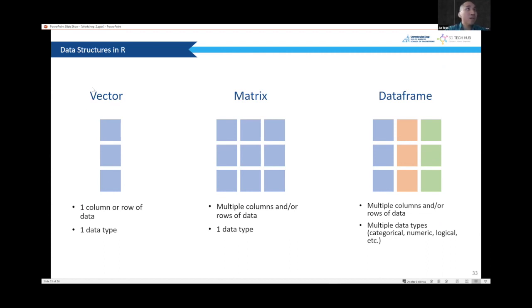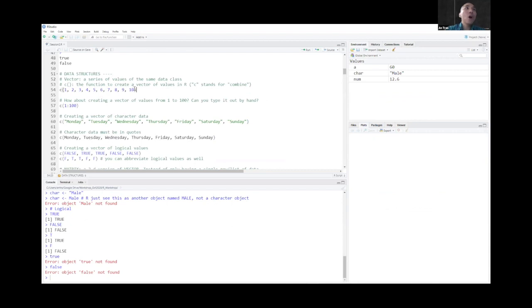So within a vector in R, all of the elements have to be of the same data type.